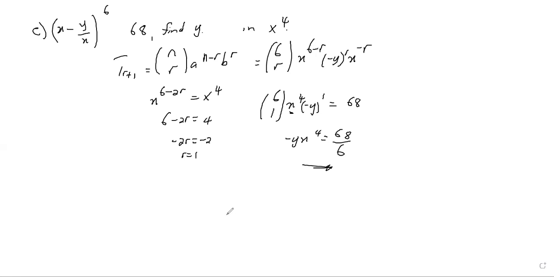Sir, yes, I have a question, but not based on this, but something like this. When you're finding the term independent of x, you also forget about the x when you find r?